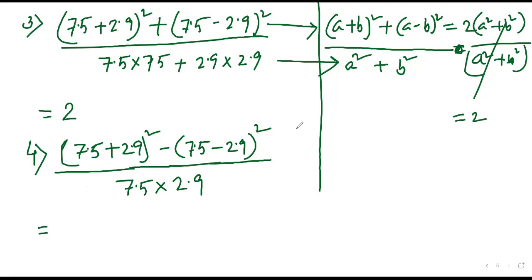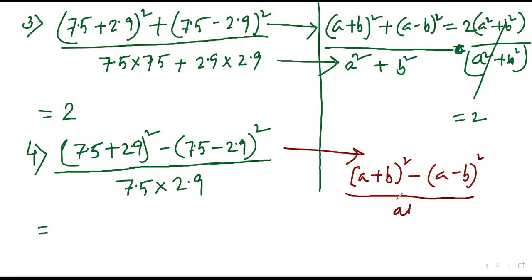See, at the numerator, the expression is (a plus b) whole square and also (a minus b) whole square, and at the denominator this is a into b. Why a into b? a is 7.5 and b is 2.9, so this is (a plus b) whole square, and this is (a minus b) whole square, and this is a into b.